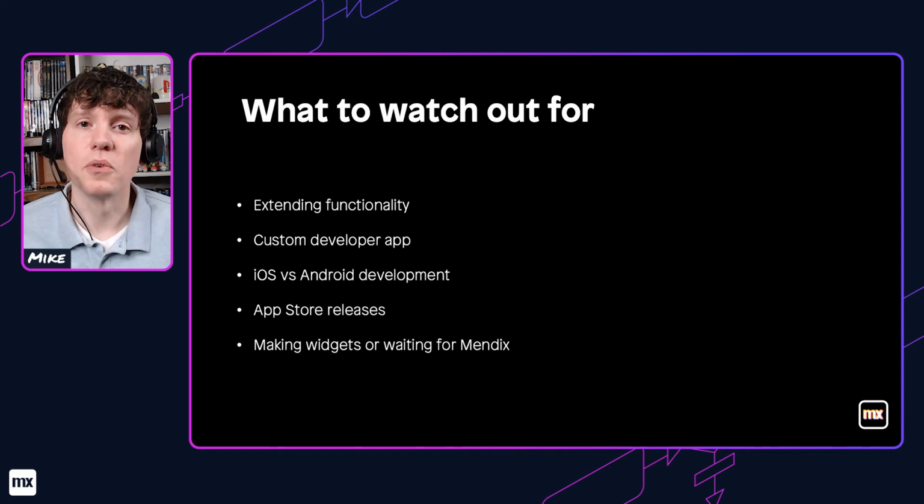One example of creating a widget and then it being replaced: when we were doing our proof of concept in Mendix, we had to create a widget for displaying SVG images within a React Native application. This was later added to the base Mendix project in one of their future releases.